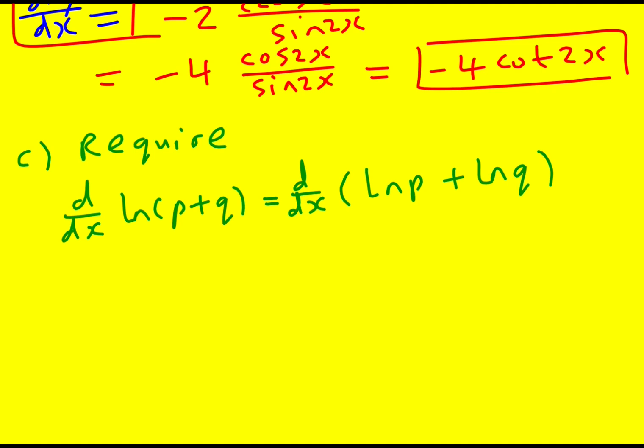Now, the long way is to actually differentiate to start with. The quick way is to realize that, you know what, we've got two derivatives, so we can integrate both sides with respect to x.